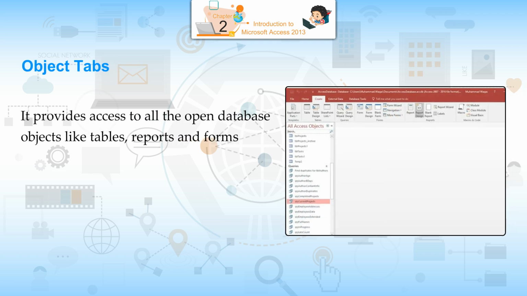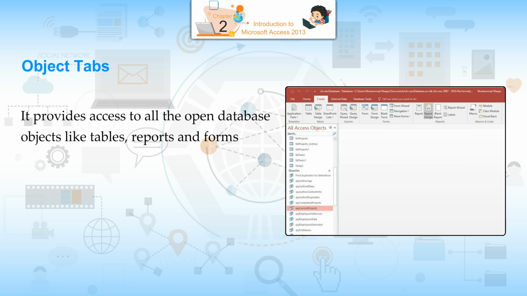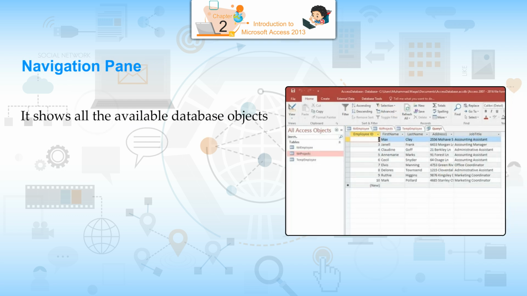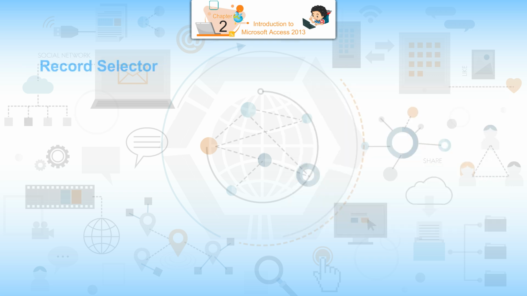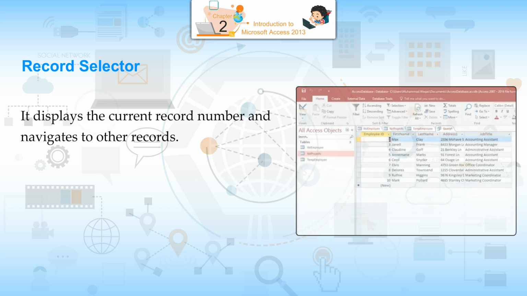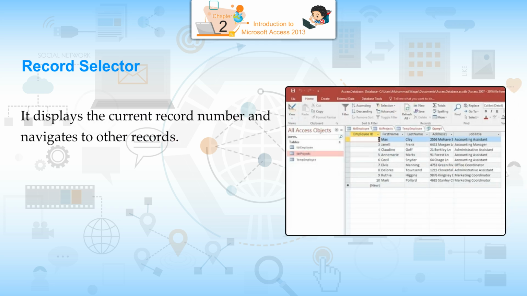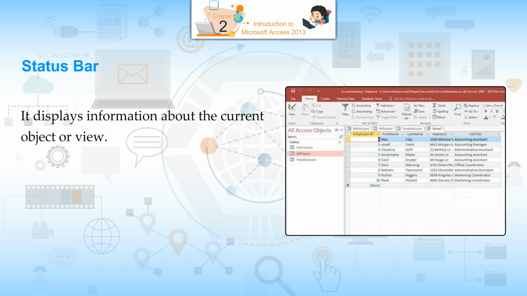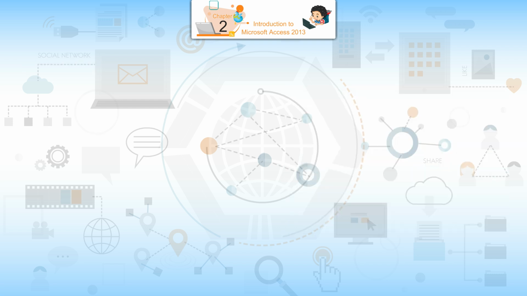It provides access to all the open database objects like tables, reports, and forms. Navigation pane. It shows all the available database objects. Record selector. It displays the current record number and navigates to other records. Status bar. It displays information about the current object or view.